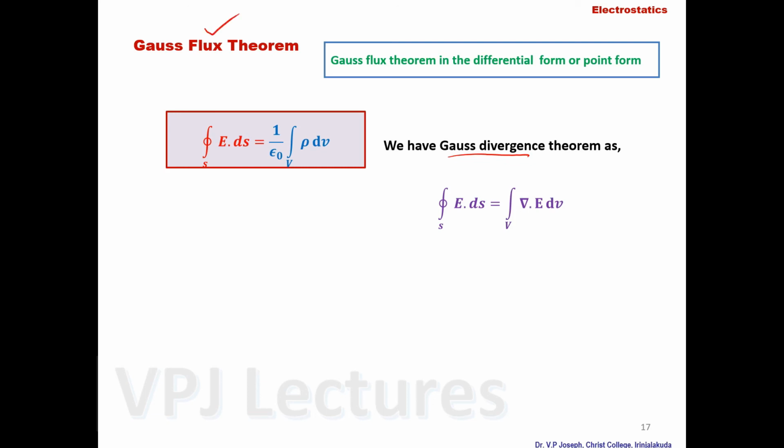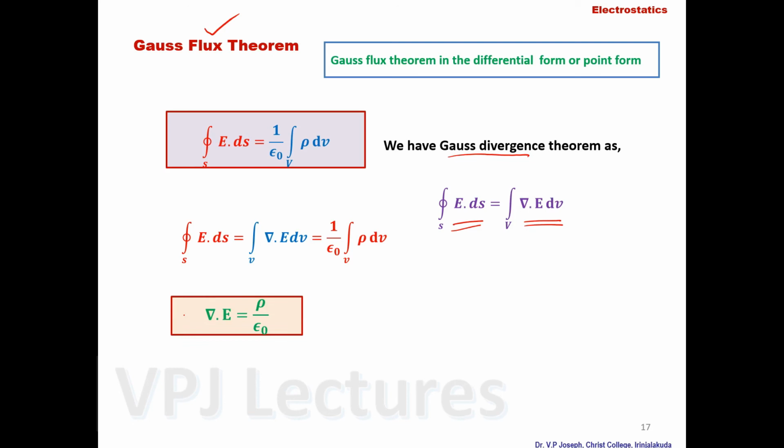That is, the surface integral E dot ds is equal to the volume integral del dot E dv. That is, the surface integral is related to the divergence of E. So what we are doing is substituting that here. Surface integral E dot ds is equal to volume integral del dot E dv, and that is equal to the right hand side, 1 by epsilon 0 volume integral rho d tau.